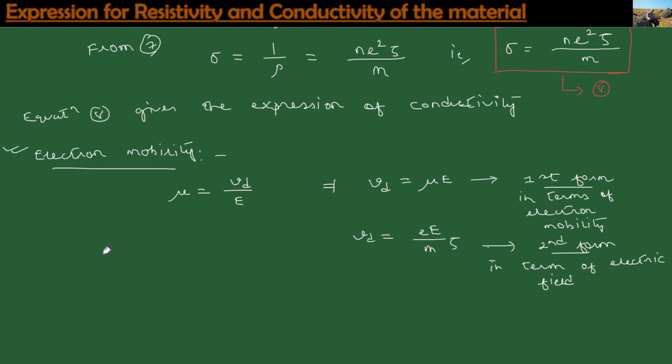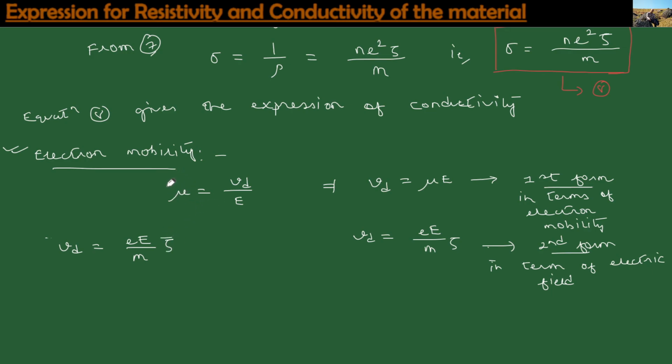And also, when we have that equation Vd equal to E tau divided by m, let us rewrite it: Vd equal to E by m into tau.